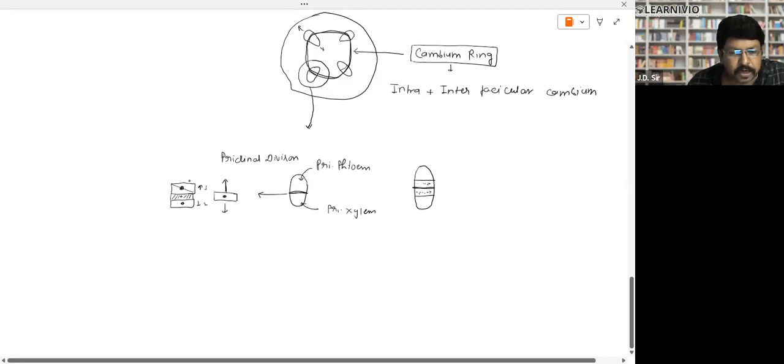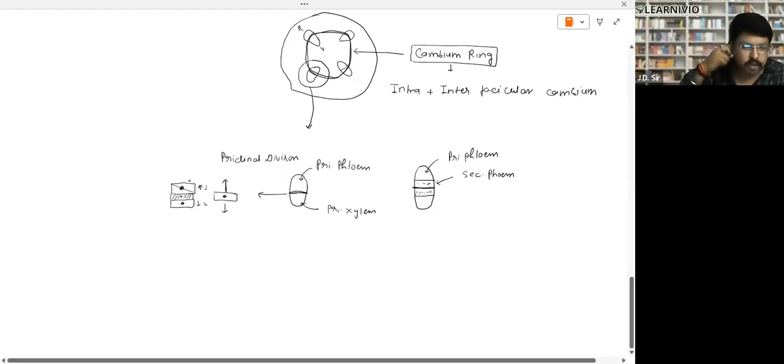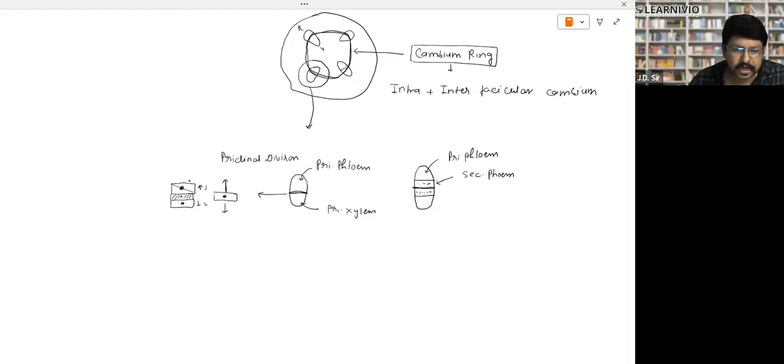What will we call it? We will call it secondary phloem. Right? Secondary phloem has been added on, and the phloem which was already present, we will call it primary phloem. So primary phloem will be pushed outside, and secondary phloem will push it outside. Again, on the lower side, the cells which have been added, what will we call it?